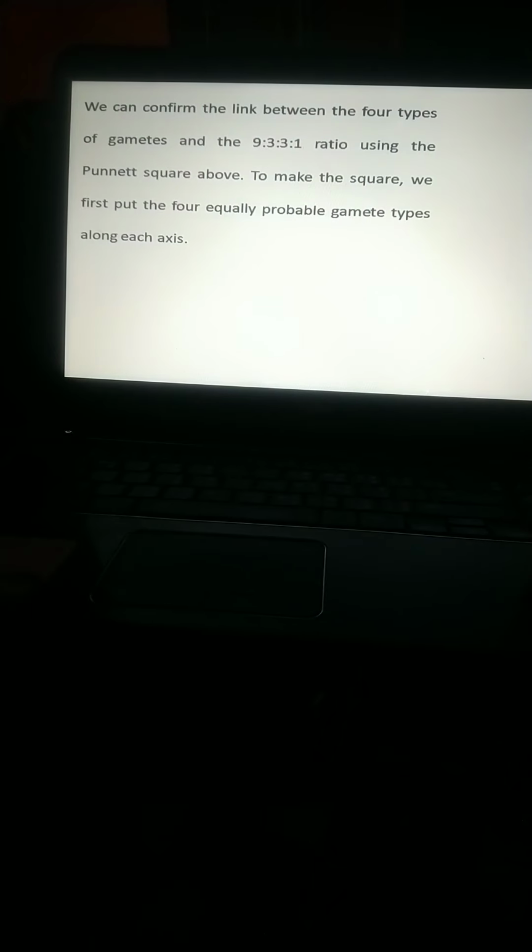This square is a Punnett square. You know very well, this is the Punnett square ratio. To make the square, we first put the 4 equally probable gamete types along each axis.